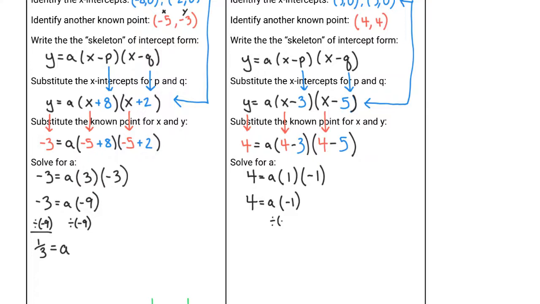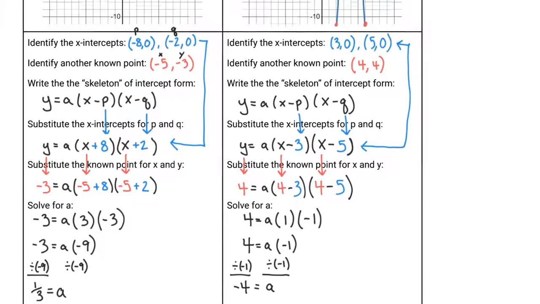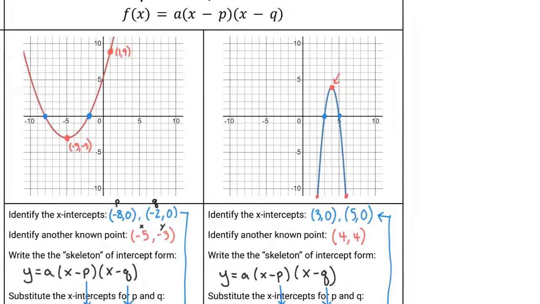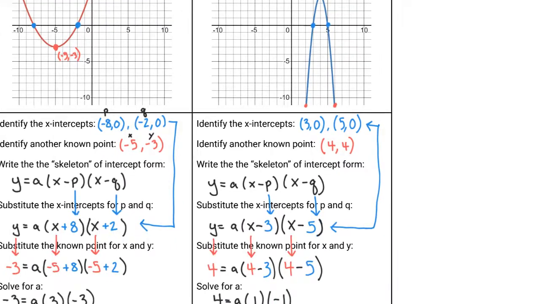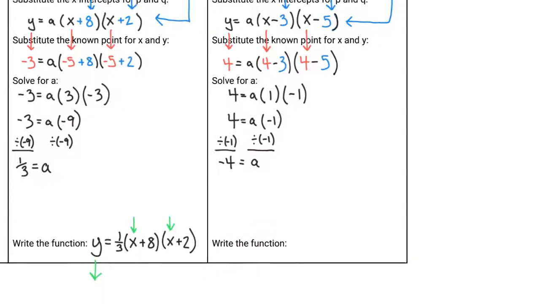And we're going to divide that -1 off on both sides. We find A equals -4. Again, going up to our graph just to check, we said negative, so it's going to curve down. Yep. And A is greater than 1, so we should see a shrink. And we actually do see that. So that looks pretty good.